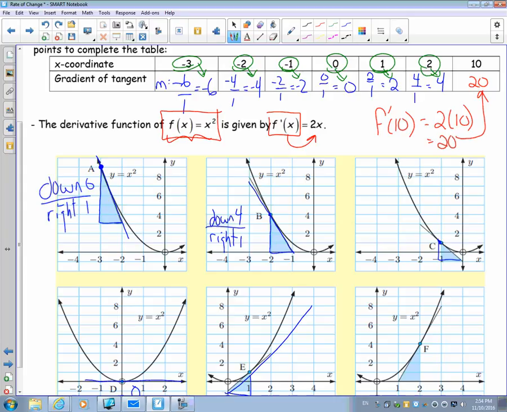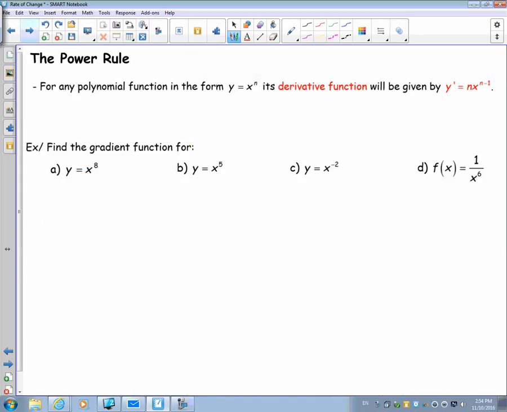Here's the rule. For any polynomial, we call this the power rule, okay? For any polynomial in the form y equals x to the power of something. For instance, our last one was y equals x squared. Its derivative, its slope, its gradient function is always given by y prime equals n times x to the n minus 1.